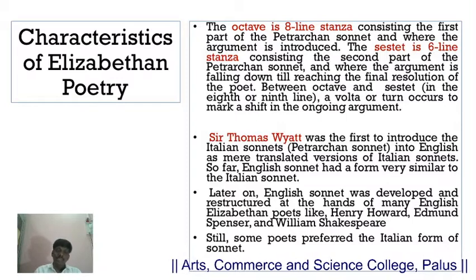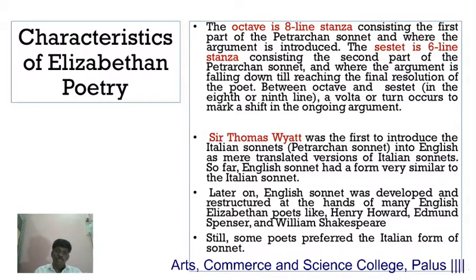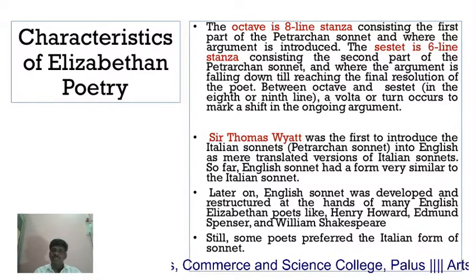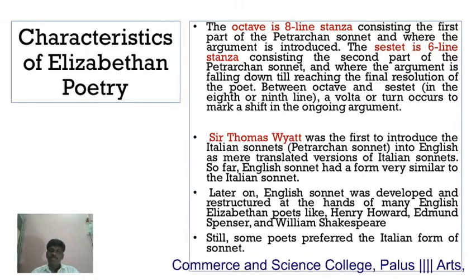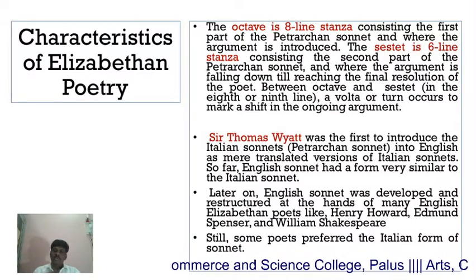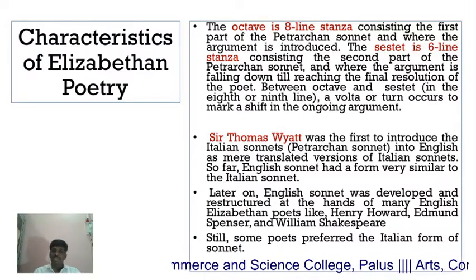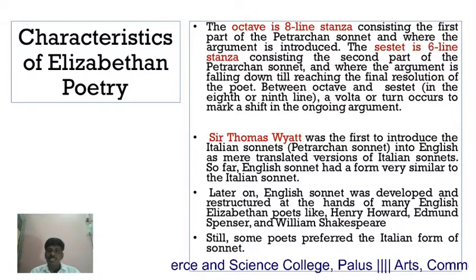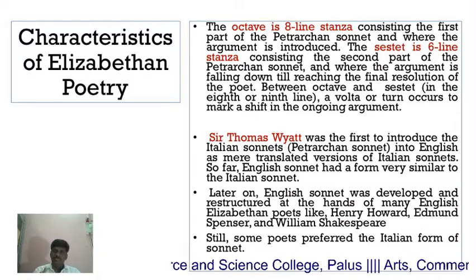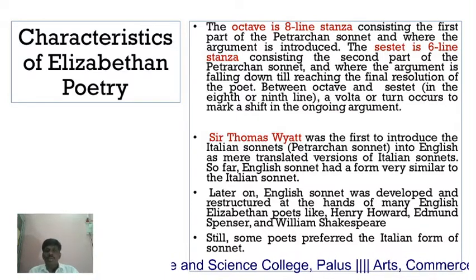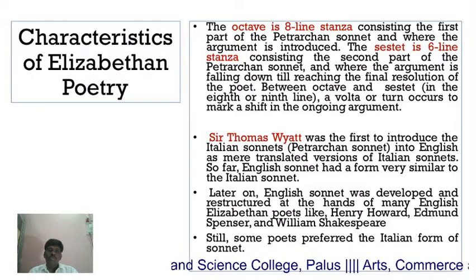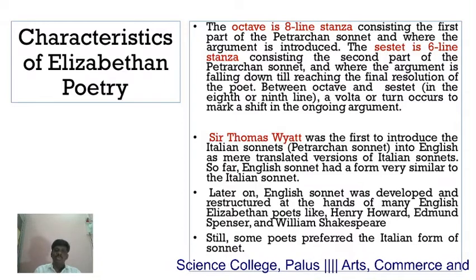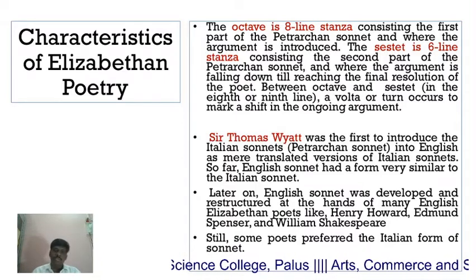He tries to convince you to follow or accept his argument, and for that purpose he uses two things: one is argument and then elaboration in the octave lines. Between the octave and sestet, a volta or turn occurs to mark a shift in the ongoing argument, that twist in the argument.